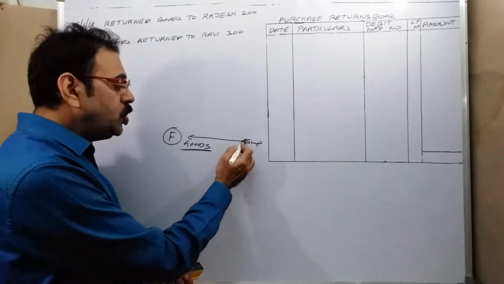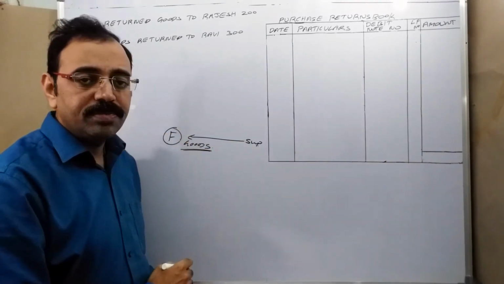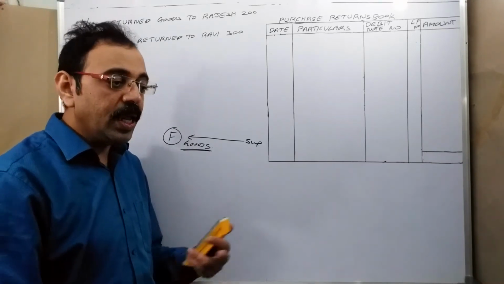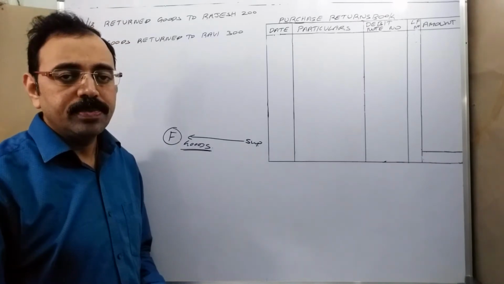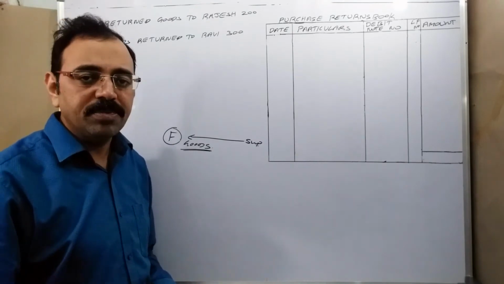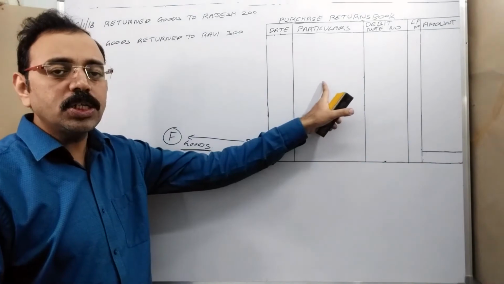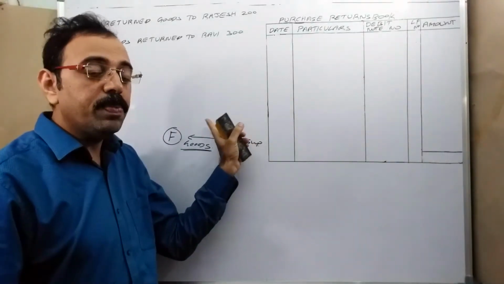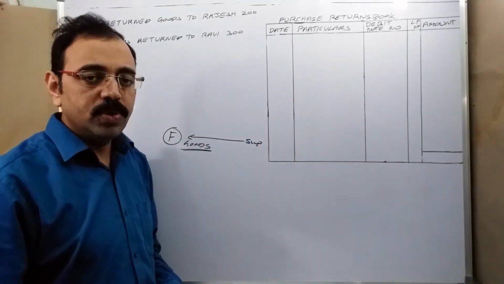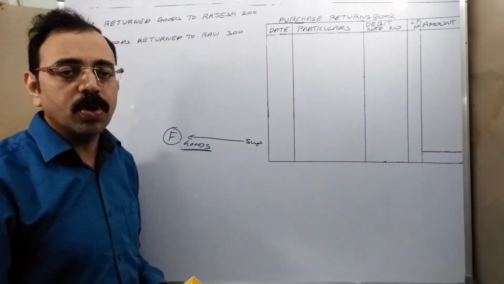Assume that we purchased from the supplier for cash. Then we cannot return those goods. In case of cash purchases, replacement may be possible, or we returned the goods and we got money, so the transaction is completed. Then which type of returns should we record in the purchase returns book? Once we purchased the goods on credit, now we are returning. So credit purchase returns we record in the purchase returns book.